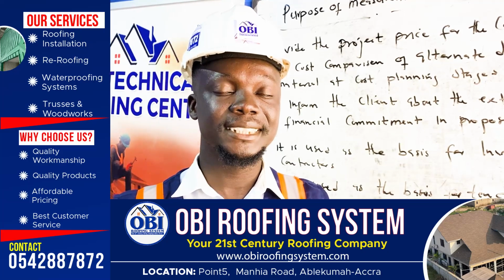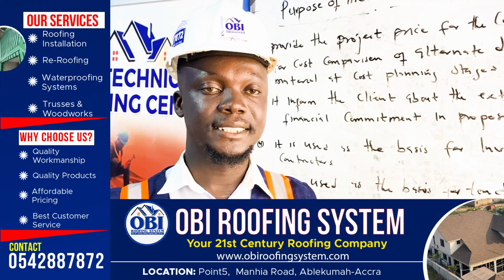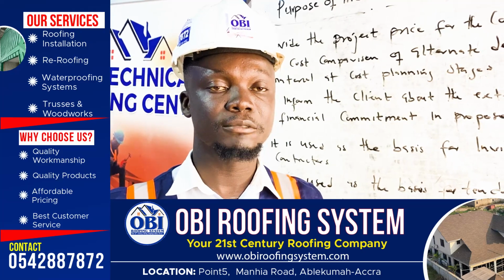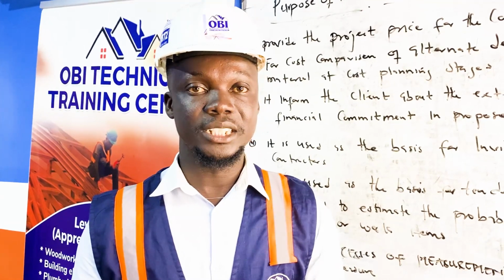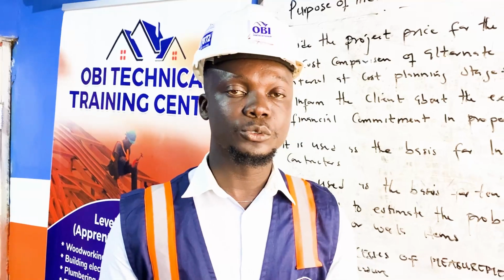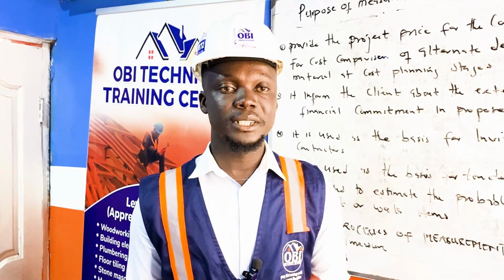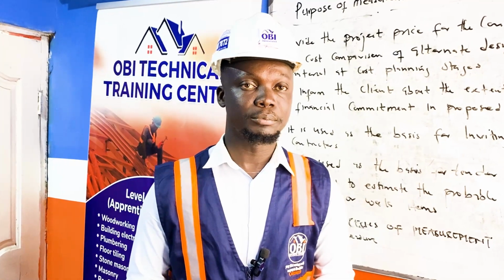Based on the measurements and estimation that will be conducted, we'll be able to know the volume or quantity of materials that are needed for the job, and the required amount that will be needed to buy those materials. For the labor, we estimate the total cost of labor needed to complete the project as well.